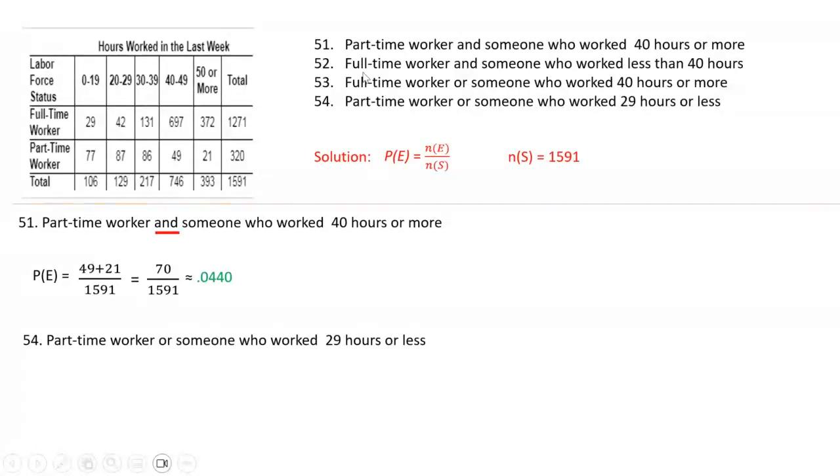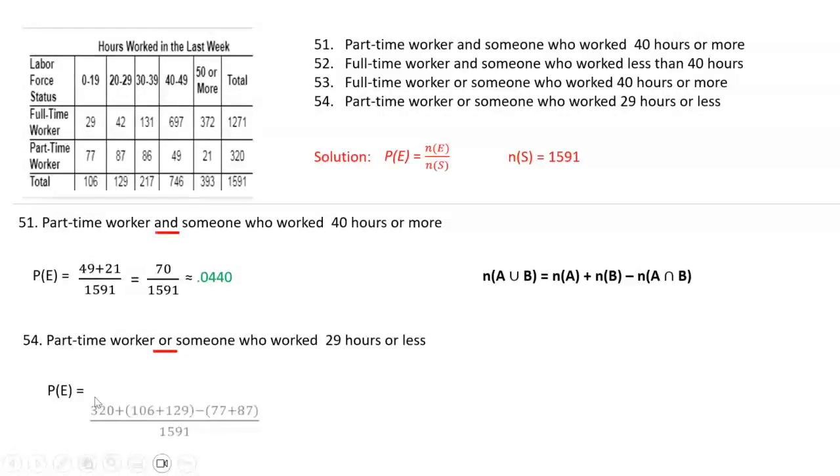Now I'll do 54, so that way you guys can do 52 and 53. 54 says or. The key word is or. So it's wise to use this formula because it will be easier to see. So the P of E, here's how we got this. It's going to be 320. Why 320? This is part-time worker. So part-time worker is 320. That's where 320 comes from.